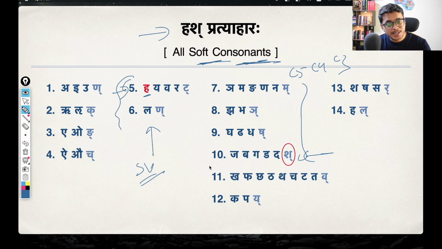And to represent such a large group of letters, we can simply use this hash pratyahara. We see the use of these soft consonants in a lot of sandhis. Take the example of the Utva Sandhi. In that Utva Sandhi, if after an aha you have a Mridu Vyanjana, that aha becomes o. So hashi cha, that is the extension sutra, hashi cha. There you use this pratyahara only to represent all the soft consonants.